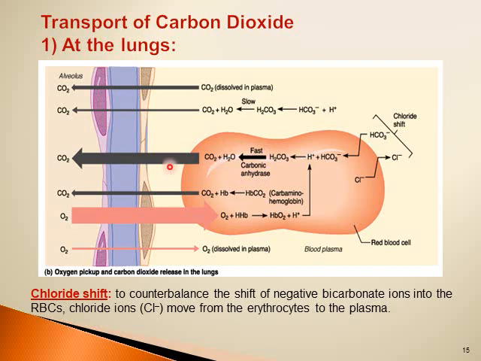Carbon dioxide will leave the red blood cell to the plasma, cross the respiratory membrane, and enter into the alveolus. Again, to counterbalance the shift of negative bicarbonate ions into the red blood cells, chloride ions will move from the erythrocyte to the plasma in the process of chloride shift.